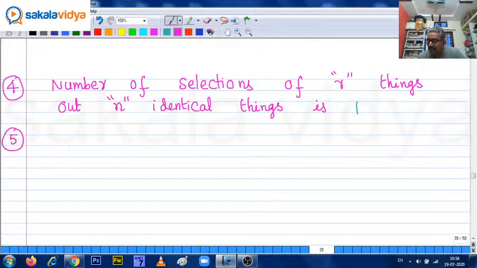Okay, next fifth one. Sir, where is it useful? Combination restrictions are very useful for selection of a cricket team, selection of any sports team, and selection of committees.